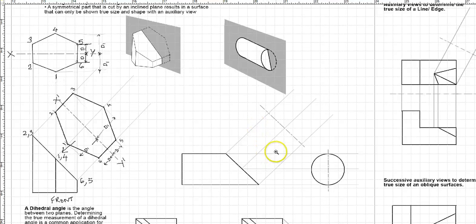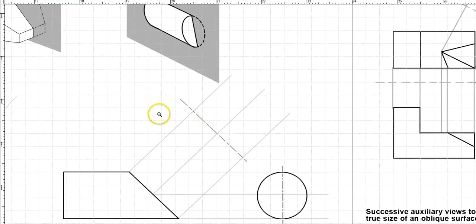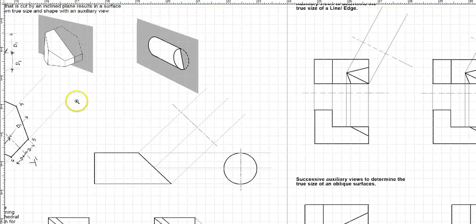Now to do this, we are again going to follow the same exact technique as we did in making our hexagon. So first we identify the slope, the inclined surface. We are going to put a center line, which is the same as over here, and then we are going to project the distances.